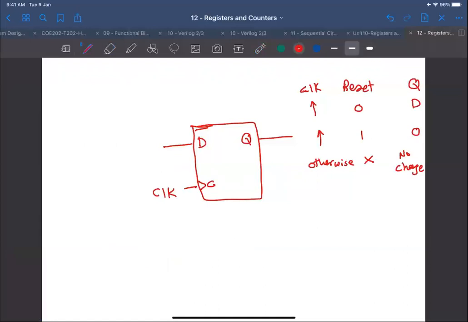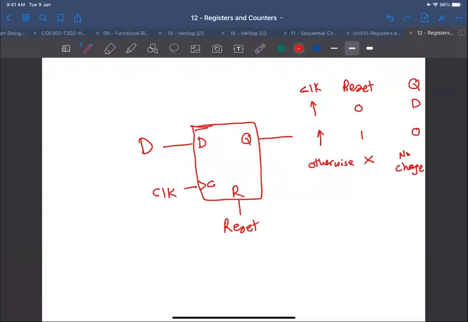This is a simple D flip-flop, right? It's a 1-bit register with a reset. What do we call this reset? Is it synchronous or asynchronous? Asynchronous. So it's not synchronized with the clock, right?